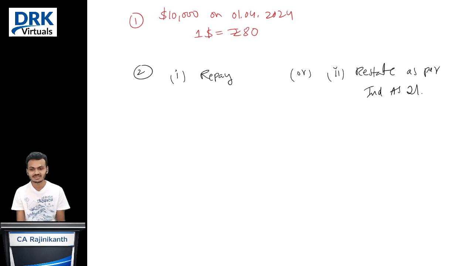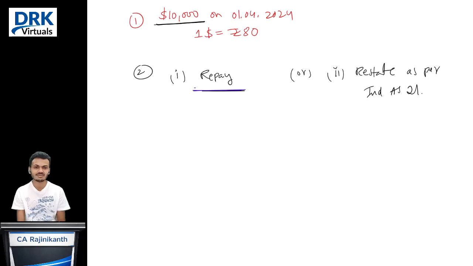So in our case, it is a foreign currency loan, being a monetary item. We should also restate that loan at closing exchange rate at the end of the reporting period if we don't repay during the same financial year, correct? For suppose we are making repayment.